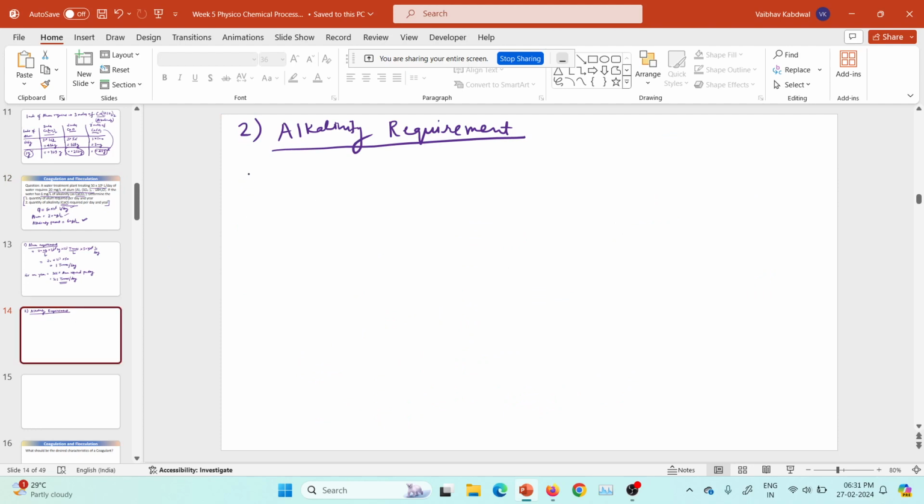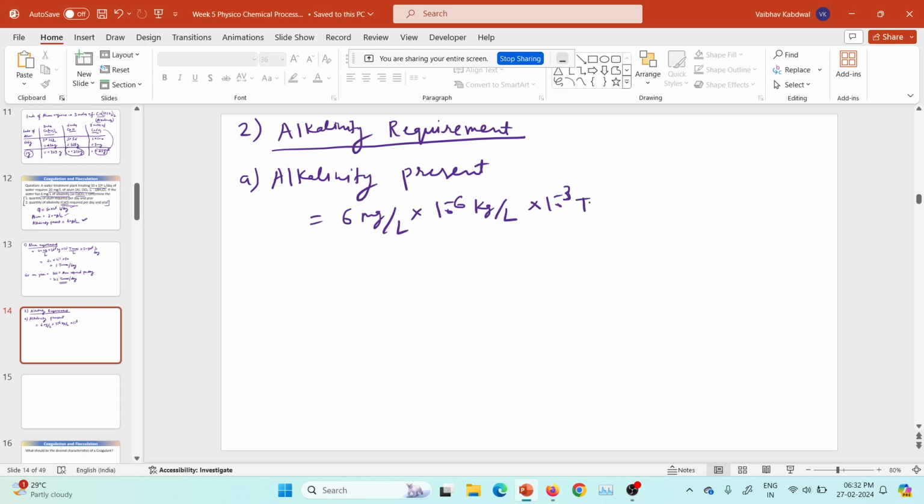So first we will calculate the alkalinity present. Present is 6 milligram per liter. We'll do the same thing. Convert it into 10 to the power minus 6 kg per liter, and then multiply it with 10 to the power minus 3, which will be tons per liter.